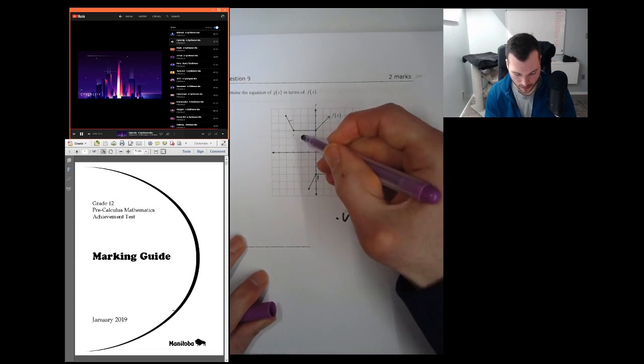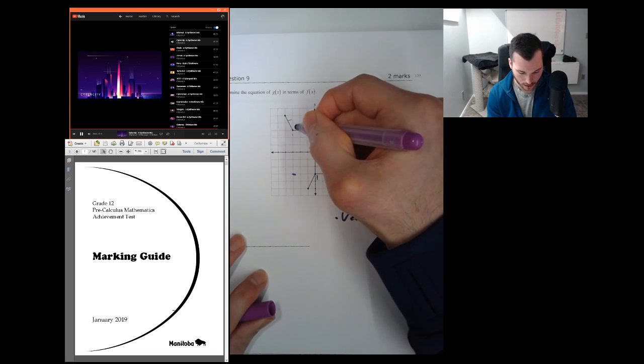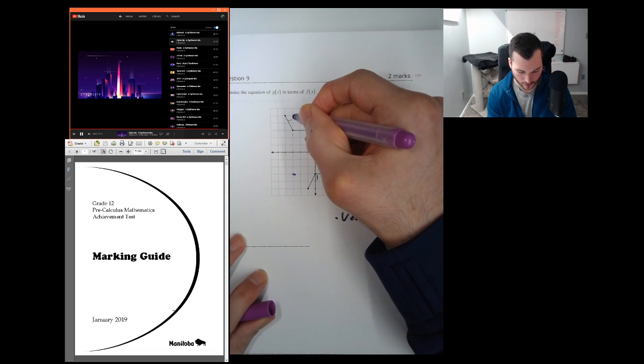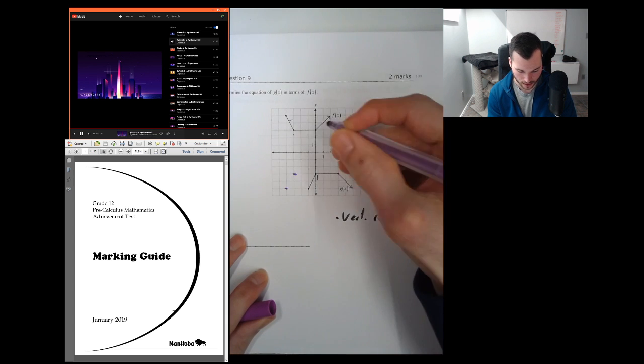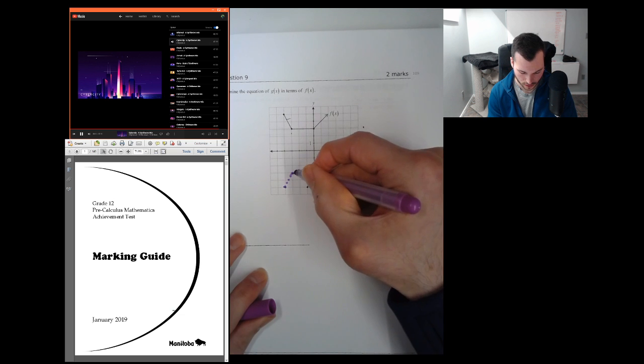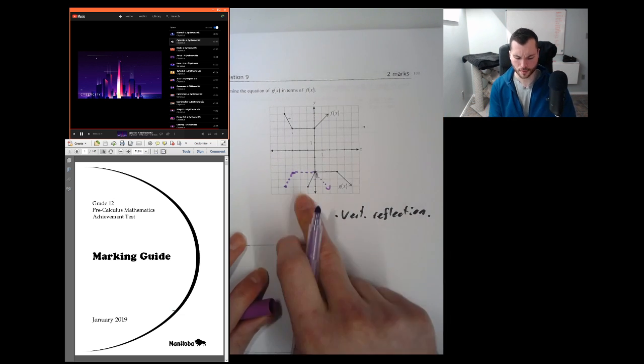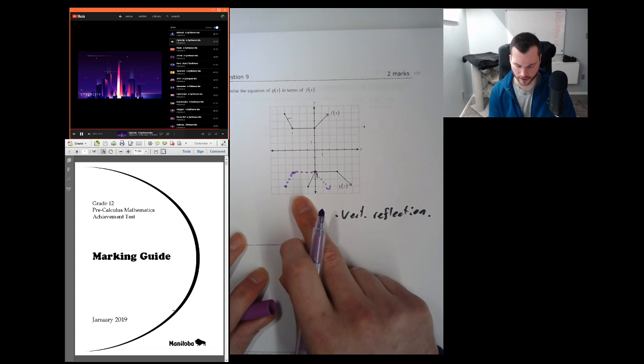So I'm going to do this transformation. 1, 2, 3, 1, 2, 3. This is 1, 2 from that and over 1, 1, 2, and there. This guy's down there, and that looks like that. You have to make the sound effects there. So that would be if we just did a vertical reflection. Now we can probably see exactly what we have to do.